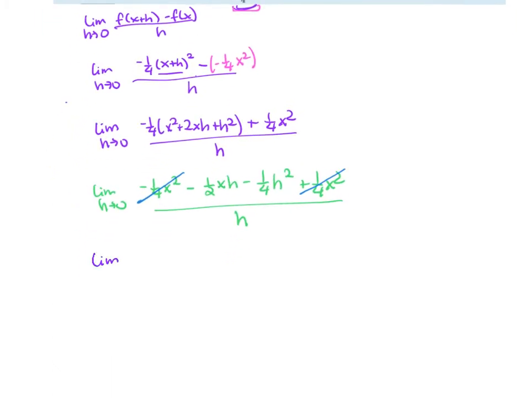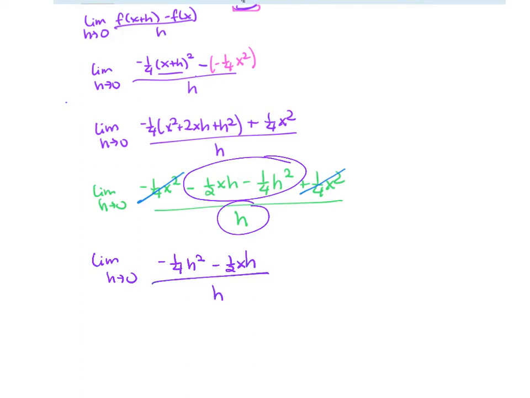Now we have the limit as h approaches 0, and we're left with negative 1/4 h squared minus 1/2 xh all over h. We can factor out an h, so it's negative 1/4 h minus 1/2 x all over h, and that cancels.